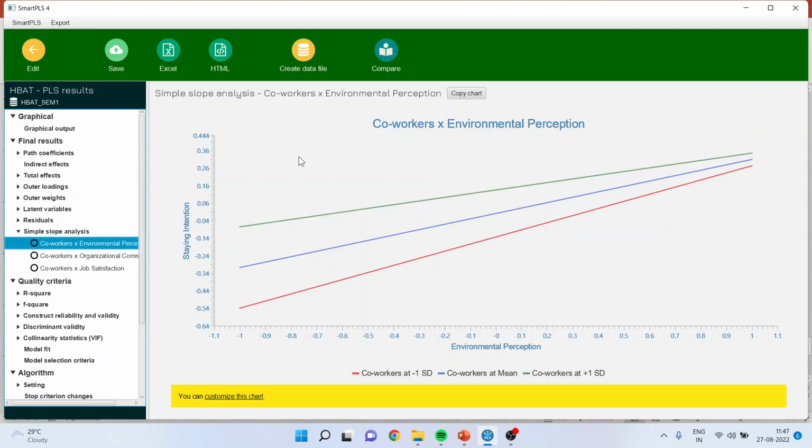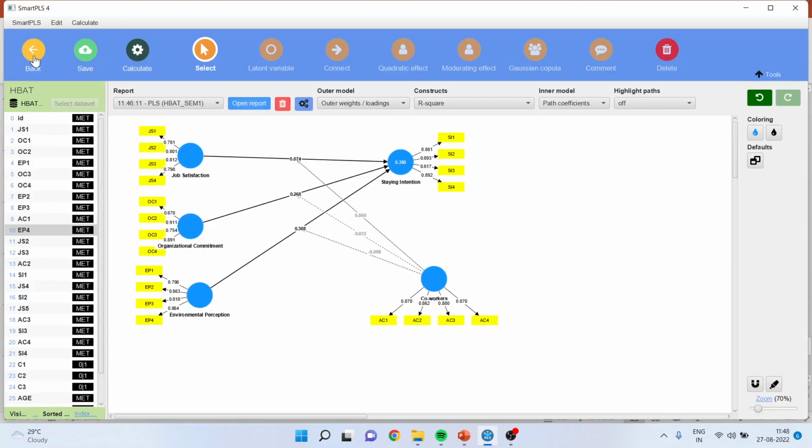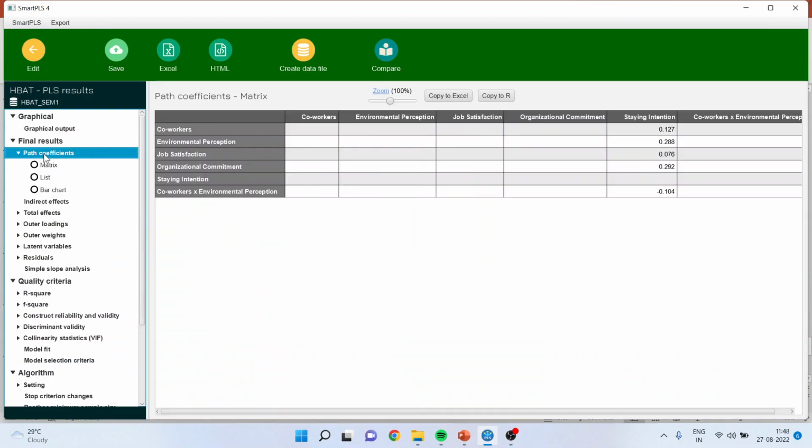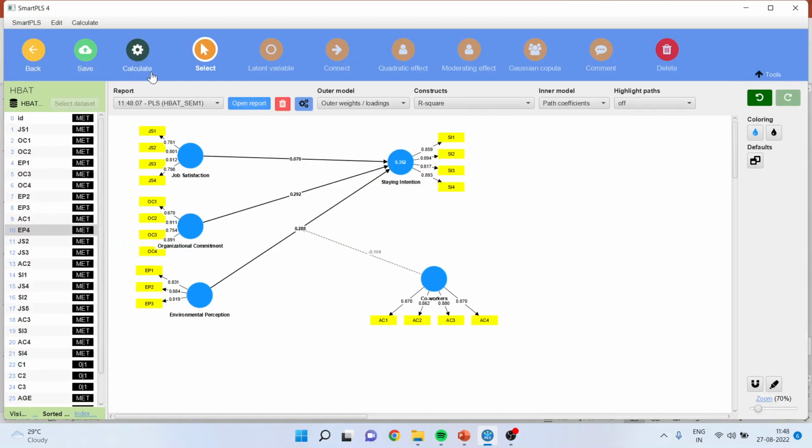Now, as these relationships are not significant, what we will do? We will disconnect this. Done. And we will keep the original effect only, which was there, -0.104. I'll go and open the report. I'll go in path coefficients. Or rather, let me run the bootstrapping only.